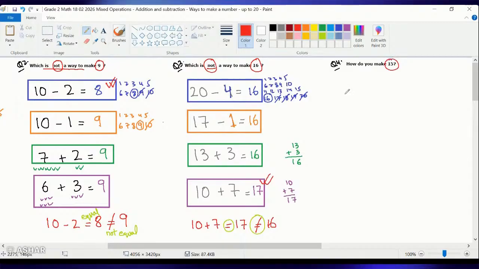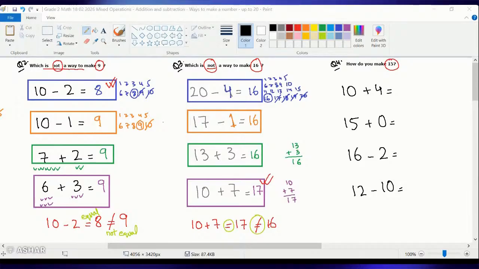If I would say 10 plus 4, 15 plus 0, 16 minus 2, and let's look at one more option, 12 minus 10. If these 4 options are given to us, we need to see which option will make us a 15.